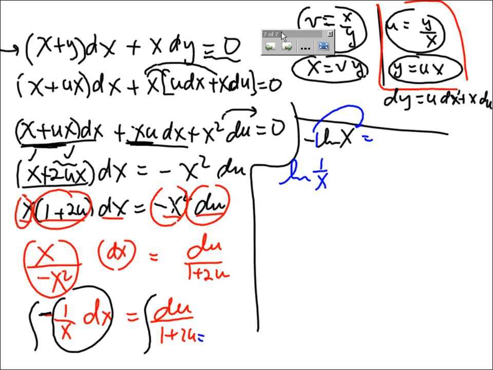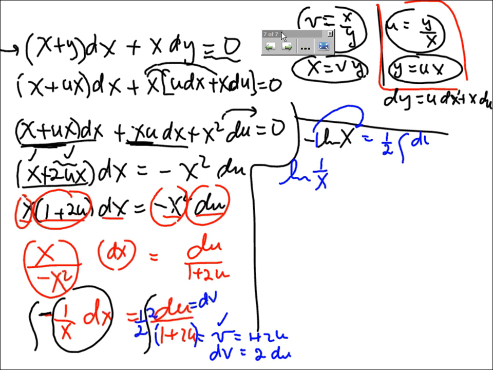Now, if I call that v, if I say v is 1 plus 2u, then dv will be 2 du. That is, if I put a 2 in, then that's dv, and this bottom, 1 plus 2u, is v. But if you put a 2 in, you have to bring out a half. There's the half.